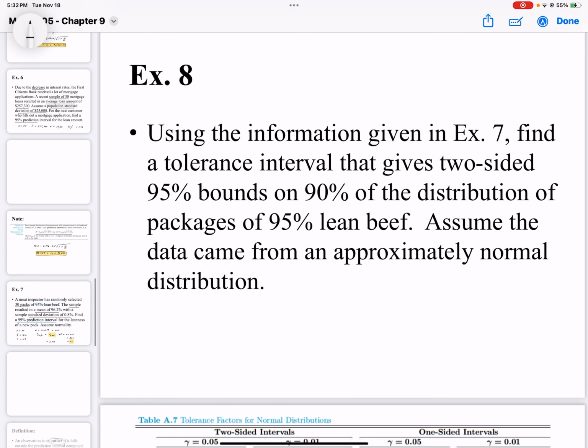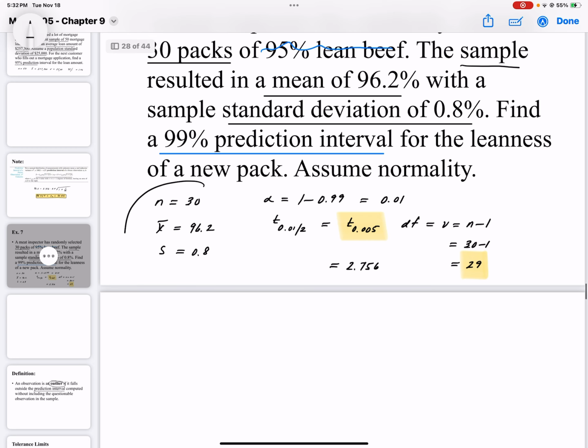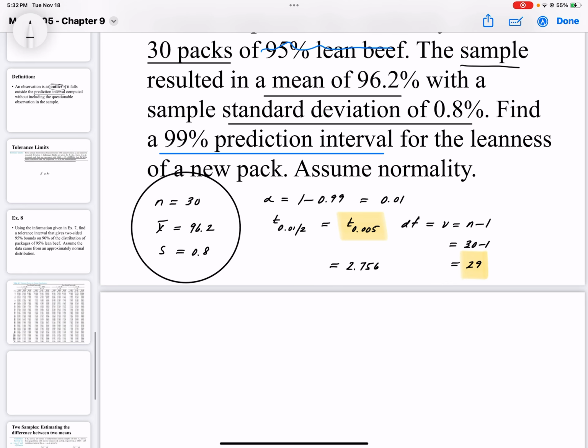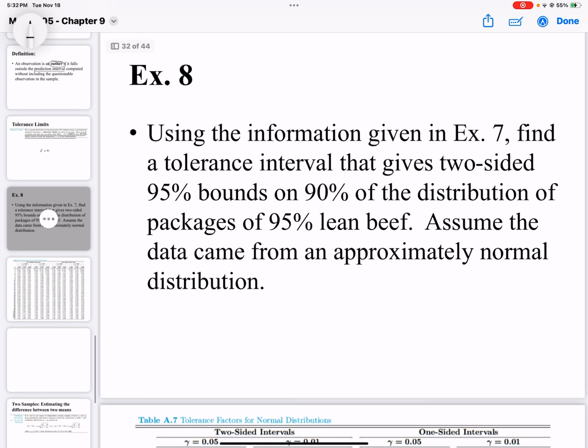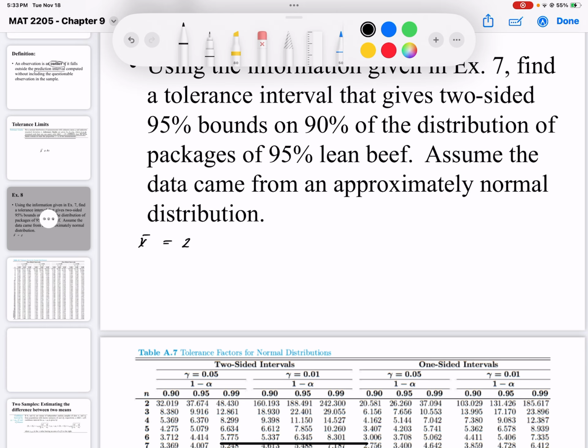In example 7, let's see what our data was there. The N was 30, the X bar was 96.2, and the S was 0.8. This is the information in example 7, so let's go ahead and rewrite that here.